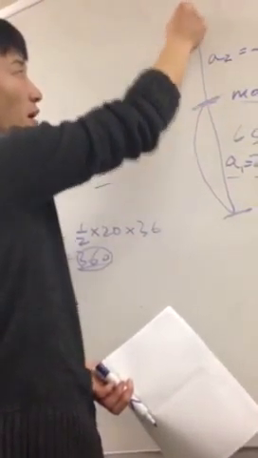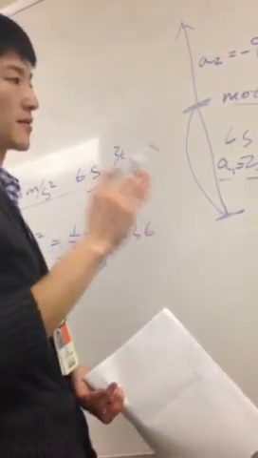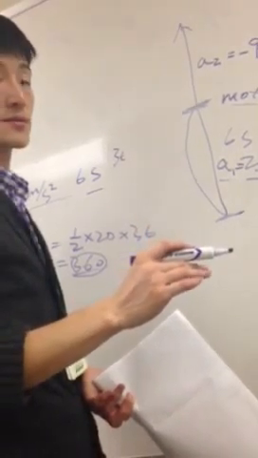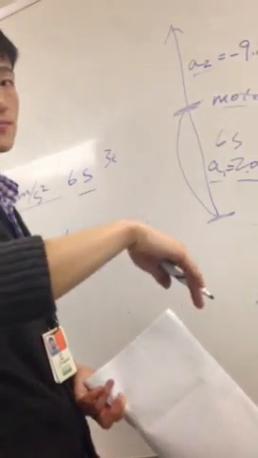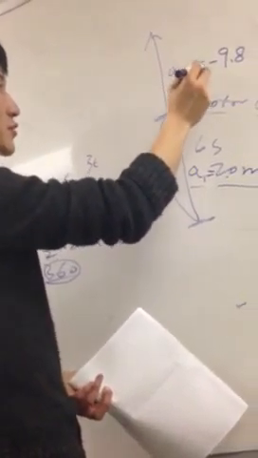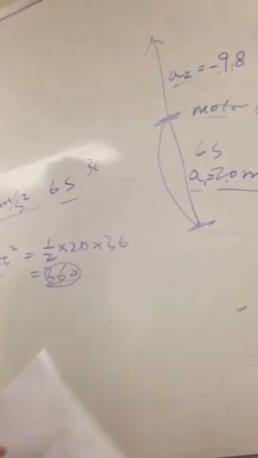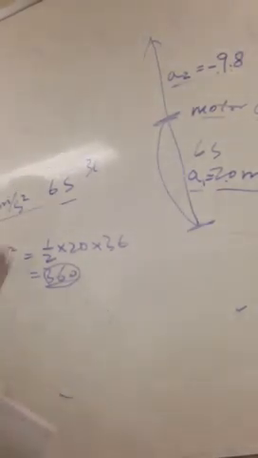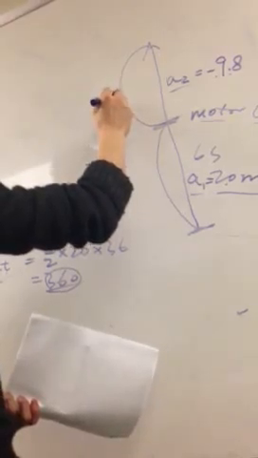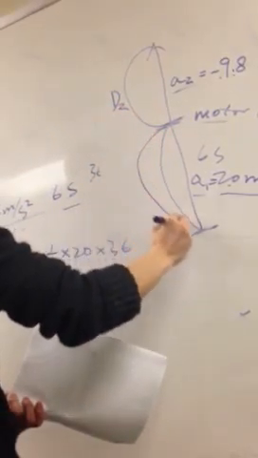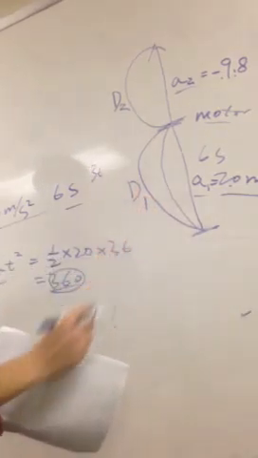And then the second one, the motor stopped working, and there's only gravity. So the acceleration will become negative 9.8. And then you need to calculate the distance here. Here is distance 1, distance 2.